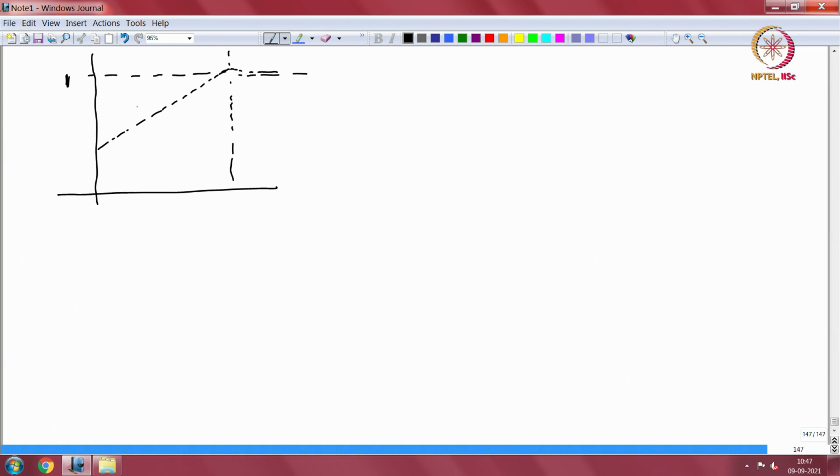Let's say this is some mode 1,1, and this is the 1,2 mode, and this is the 1,3 mode or 3,1 mode, and so forth. Okay.